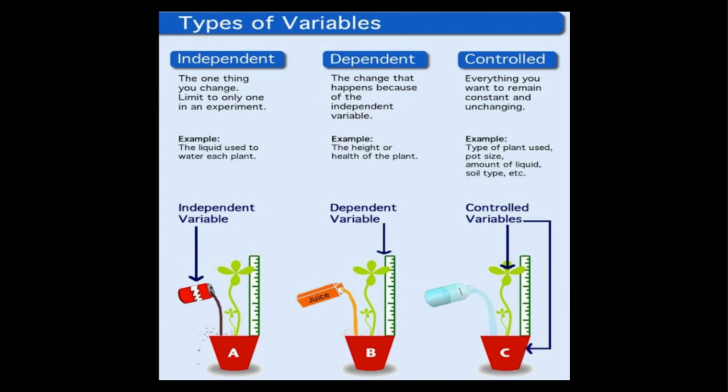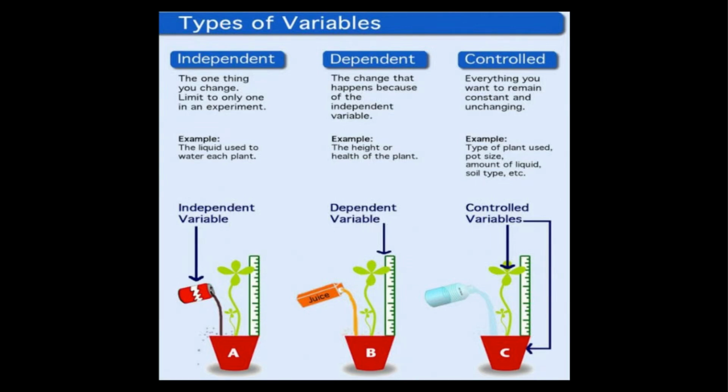The control is getting water because that's what we would normally put on a plant. The constants are what are not being changed, right? We can call those controlled variables instead of a control group. I try to use the word constant instead of controlled, right?